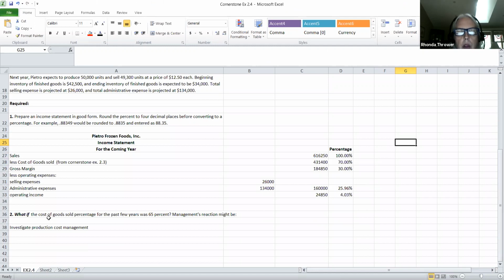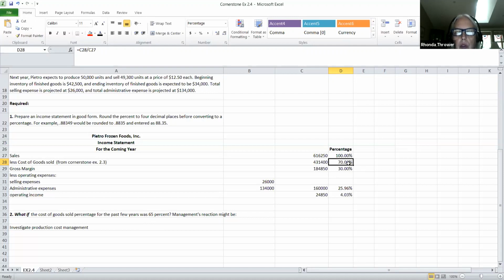In part 2, it says, what if the cost of goods sold percentage for the past few years was 65%? What would management's reaction be, or what do you think it would be? Originally, it was 65% in previous years. If we look at this, we can see that our percentage for our cost of goods sold has increased by 5%. So we would want to know what caused the cost of goods sold to go up.